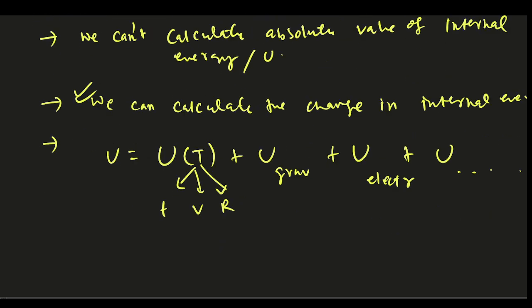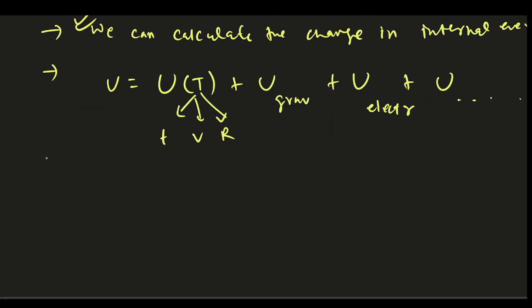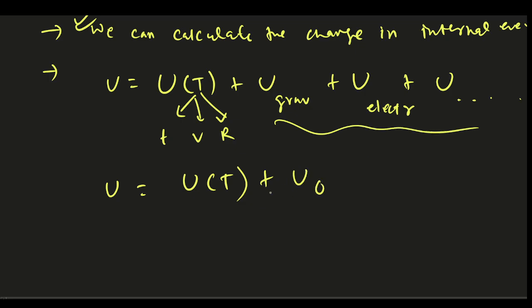And when you are going to calculate the change in internal energy, what will we do? Let me write first, suppose U, then this is U_T, and say all the other energy I don't know, so I write U_0 for all external energy. Since the maximum effect on internal energy is from kinetic energy, we are mainly giving importance to kinetic energy.